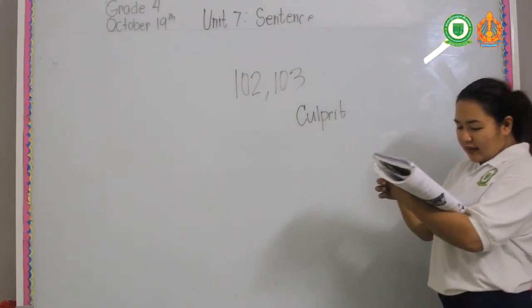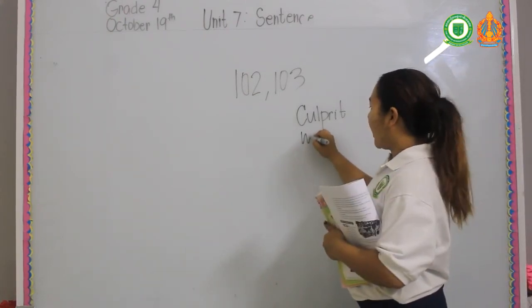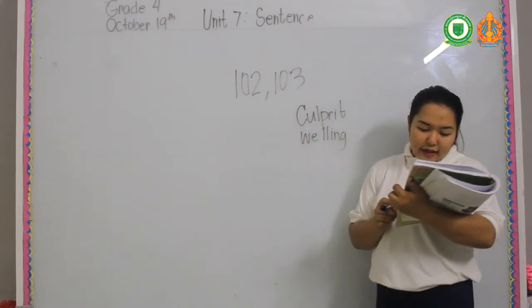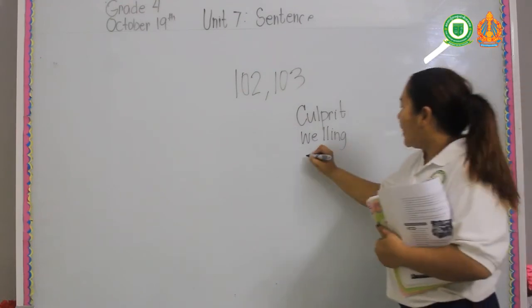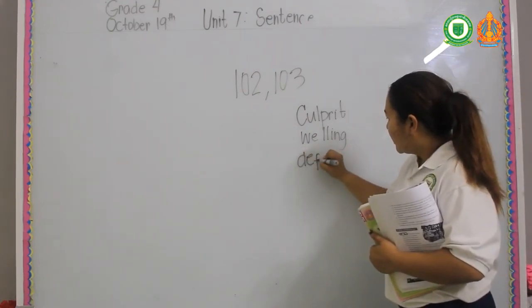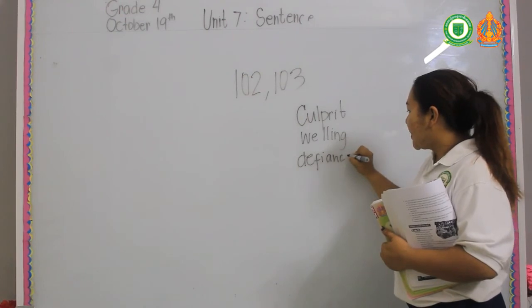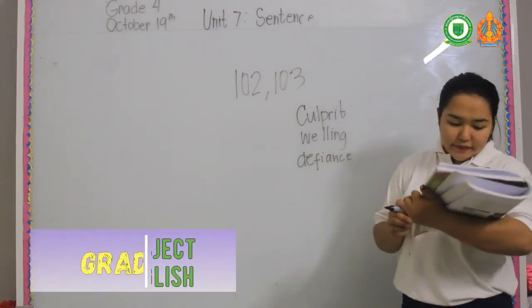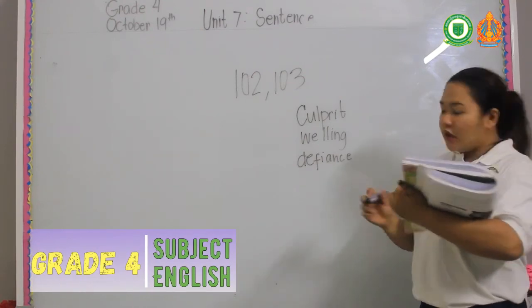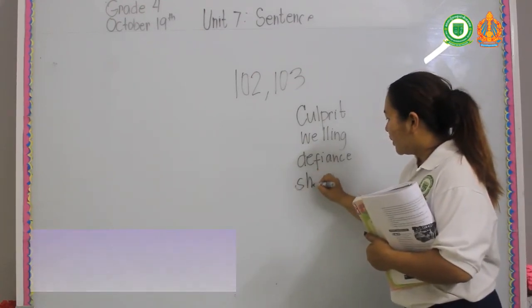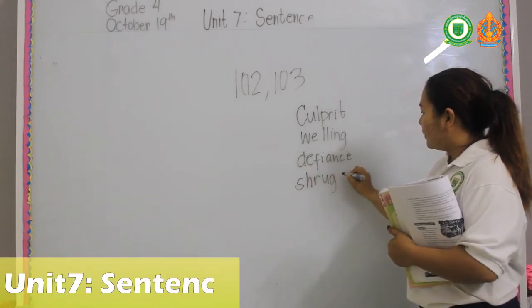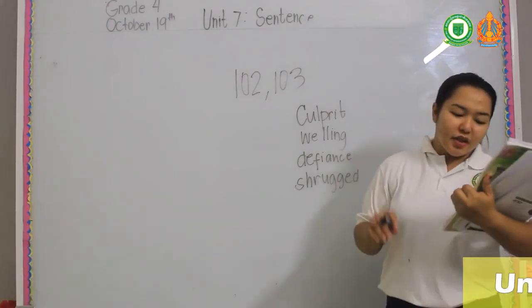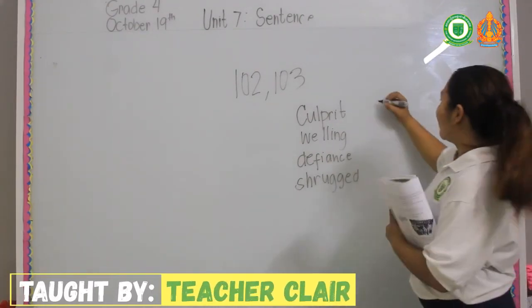Okay. What else? This one, welling. Okay, not willing. You might say willing. So it's welling. Defiance. Okay, defiance. Next, shroud. Shroud. There's more.